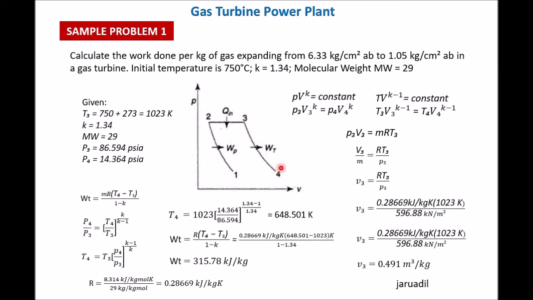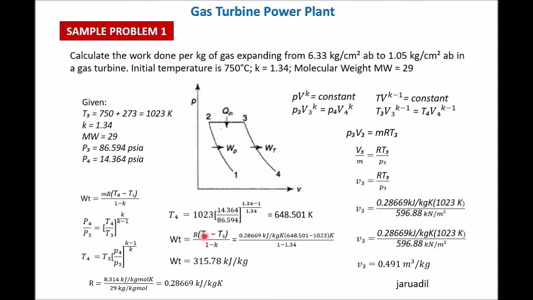Ang tip ko sa inyo dyan, ang temperature at 3 must always be higher than 4. So, pag ang answer nyo dito sa T4 ay higher yung nakuha nyong answer sa 4 kaysa sa 3, sigurado ko mali yung sagot nyo. Right? So, tingnan yan. T3 is 1023. So, this is higher than T4 kasi nasa graph nga, mas higher siya. 648.501 lang yung T4.